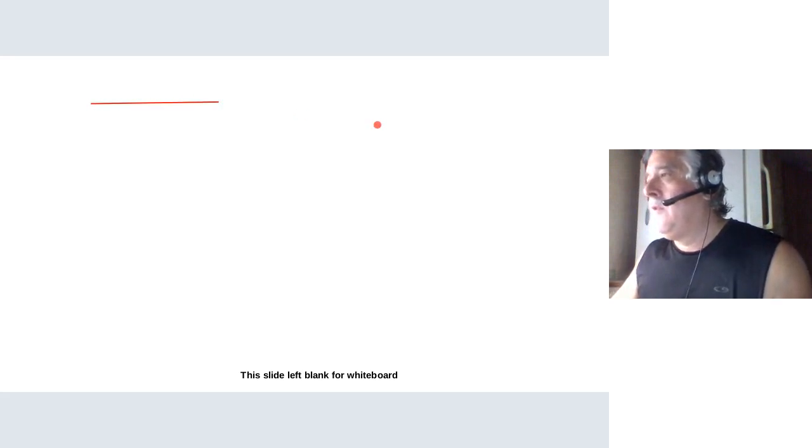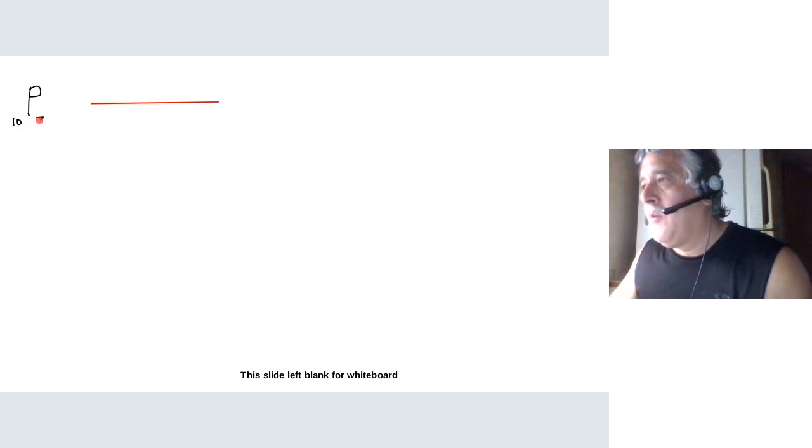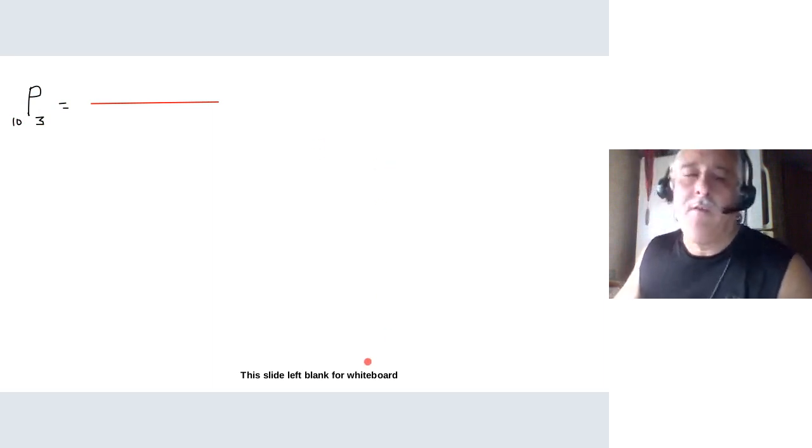I shouldn't have started with red, but all right, what we're doing is we had 10 people to select from, and we wanted to select 3 of them. Now just kind of remember the formula. Go back over there if you need to.